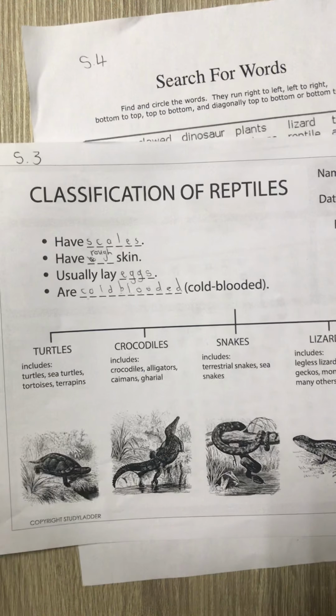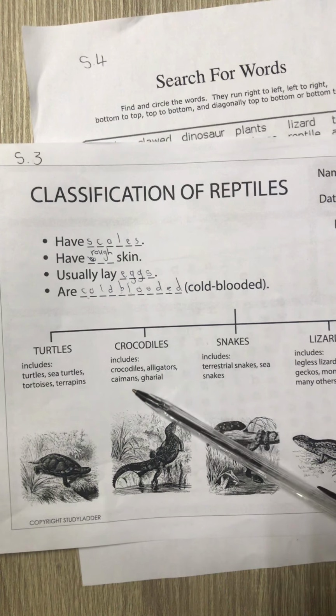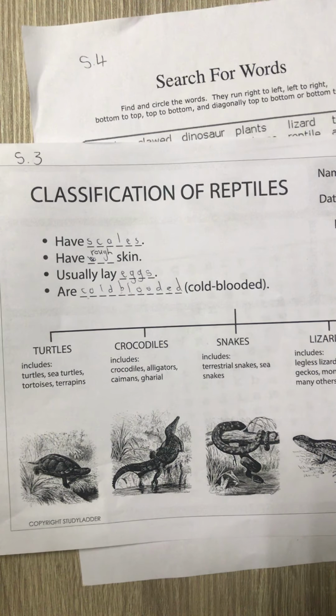Alright, then they also give us crocodiles. This includes crocodiles, alligators, caimans, and gharial. Gharial. Here are some words that I don't know. I'll actually go look it up tomorrow and maybe make a second little science video where I just show you all of the different types based on these words.